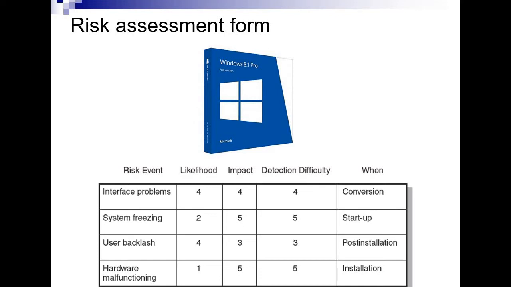System freezing. So interface problems are relatively easier to detect. So let us come to system freezing. System freezing has a likelihood of 2. Impact is going to be very high, so 5 means that it is going to have a maximum impact, which would obviously mean that you may have an unstable operating system where the earlier system also may not work.